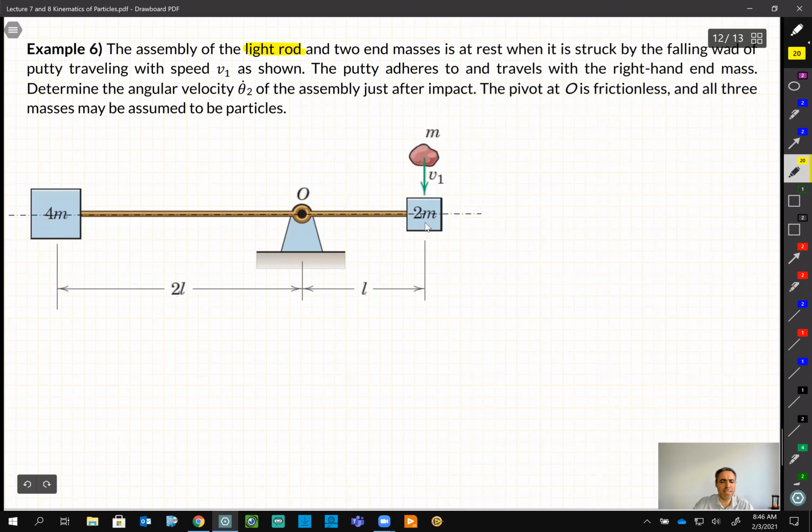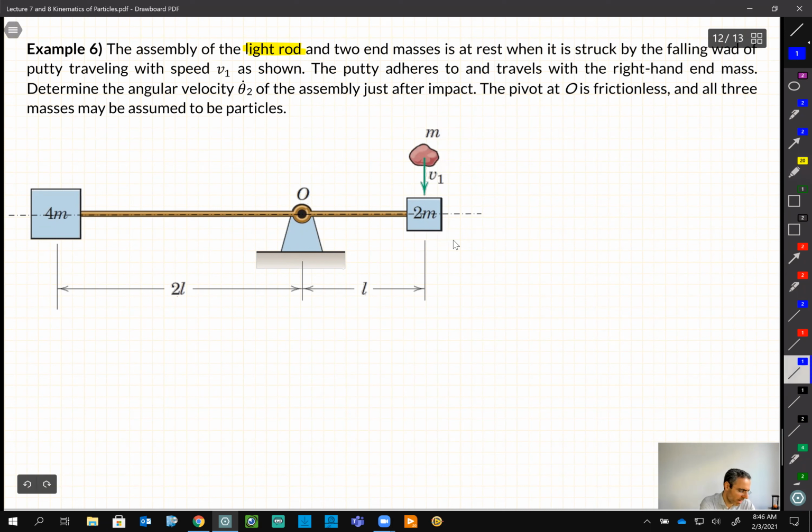And then we have this mass 2m, this mass 4m, and then this putty, maybe it's a piece of dough or maybe mud or something. It comes and sticks to this mass 2m.